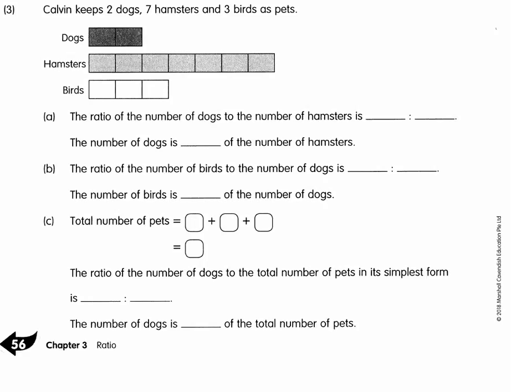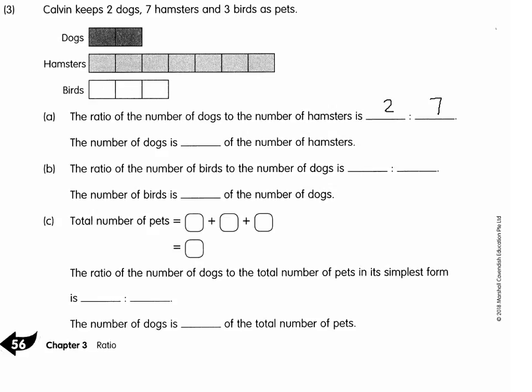Just now we were only looking at 2 items and the ratio between 2 items. Now we will be looking at 3 different items. In this example it is dogs, hamsters, birds. We want to find the ratio of the number of dogs to the number of hamsters. Charlotte. 2 is to 7.